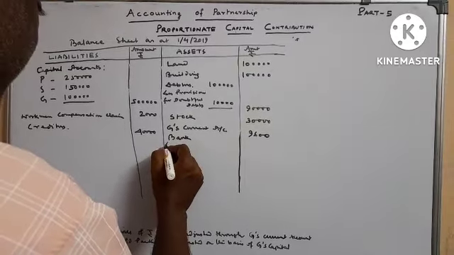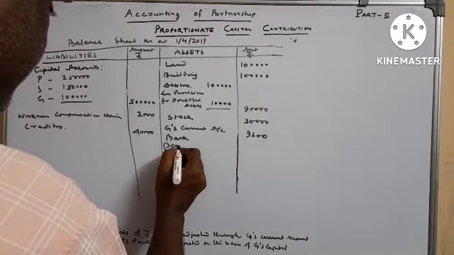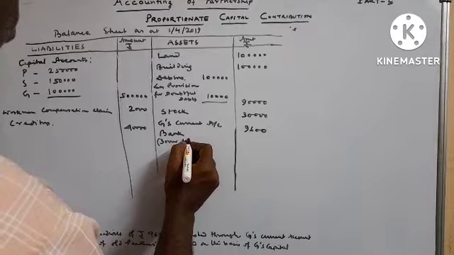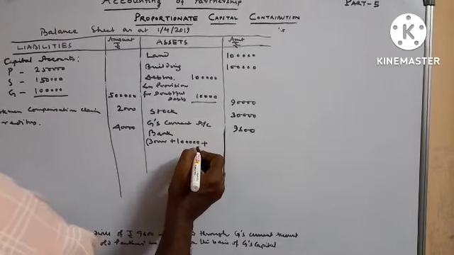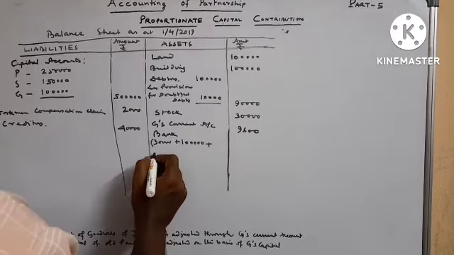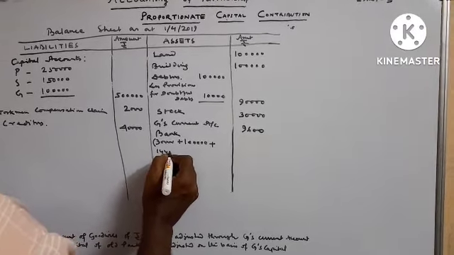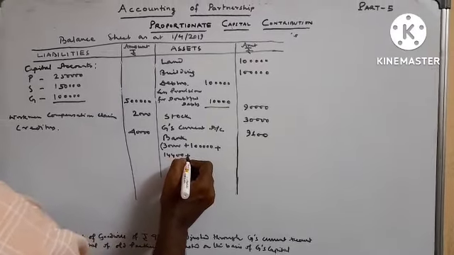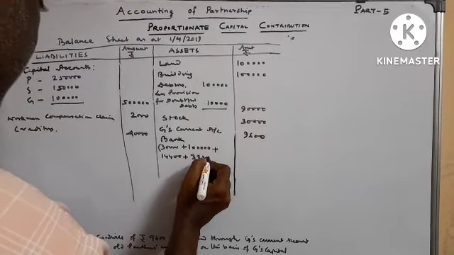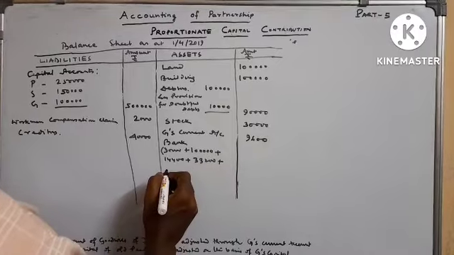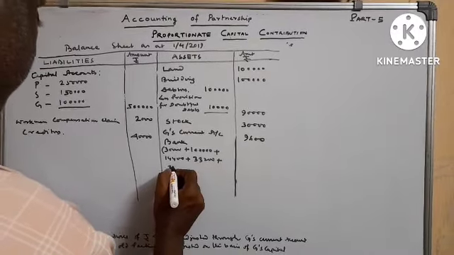Bank balance, opening balance given 30,000 plus capital introduction 1 lakh plus premium brought by new partner 14,400 plus introduction of further capital 33,200 plus 34,800.